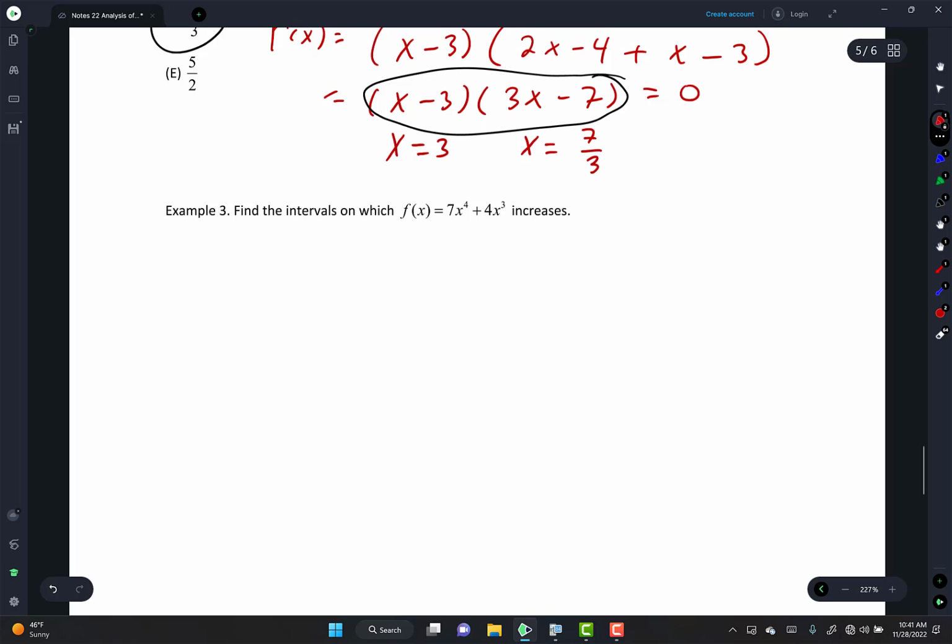In which, did I say derivative? Darn it. I'm not tired. I really am not. I don't know why I'm saying wrong things. Find the intervals in which the function is increasing. I think it's because someone yawned and they made me want to yawn. Look what you did. Look what you made me do. I saw that, Alvarez.